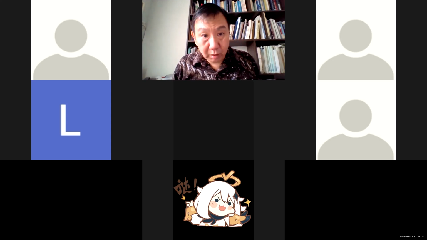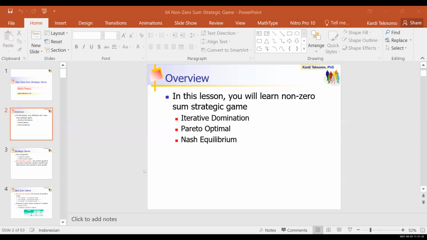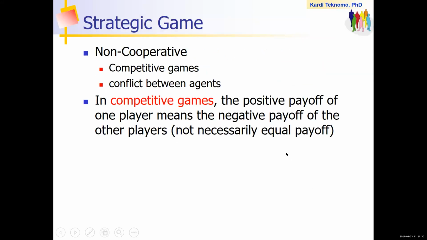To our game theory. This is the three things that you will learn in this lesson. So remember, we are dealing with what is called strategic games. In fact, we don't discuss cooperative games, right?